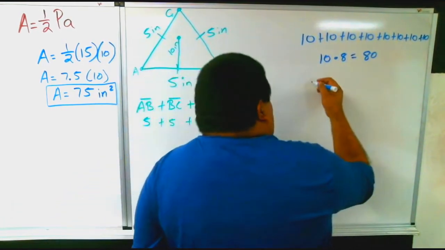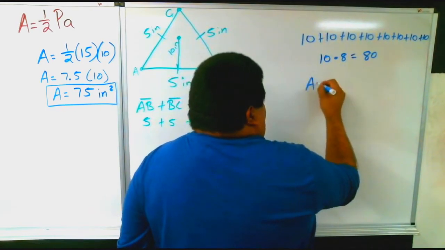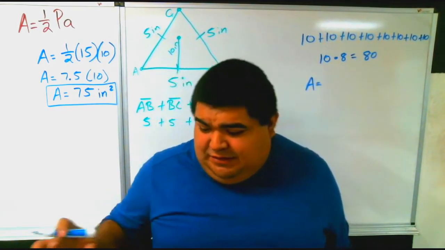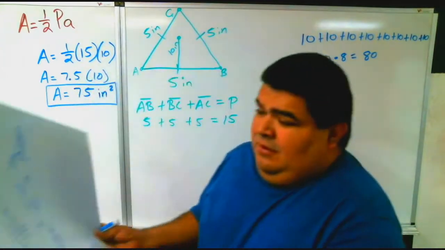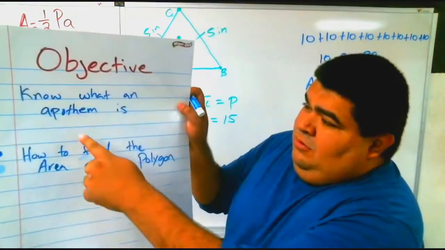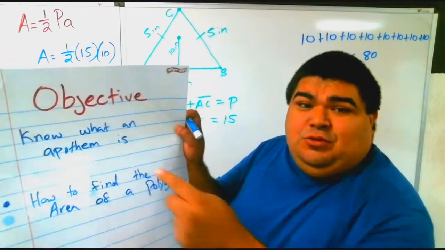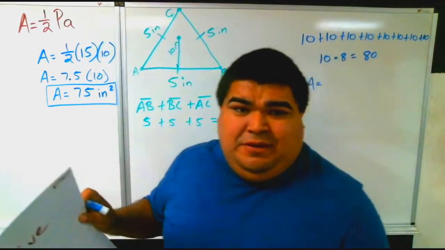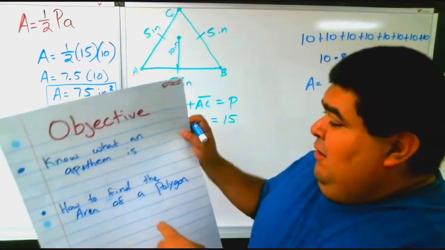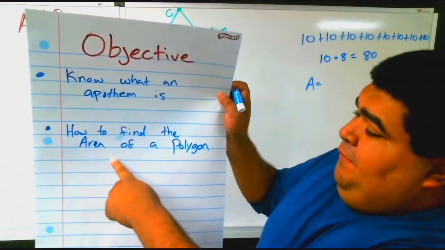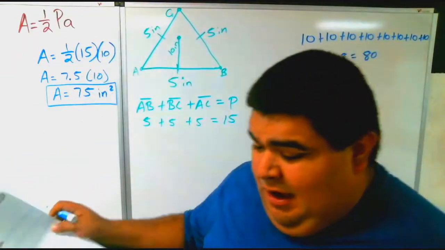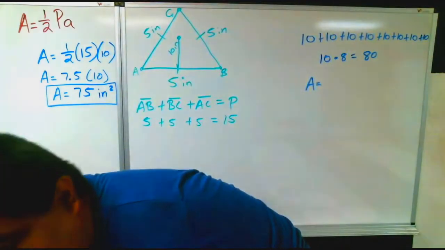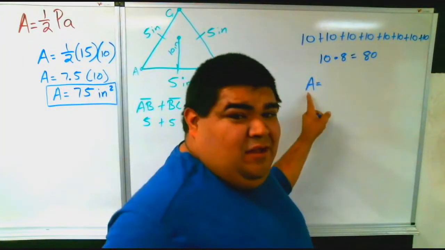Since we already found the perimeter, again, remember, our objective for today is to first of all know what an apothem is, which we do, again, center to edge, a line, on a regular polygon. And then we also have to find the area of that polygon. So that's what we're trying to do right now. We're trying to find the area.